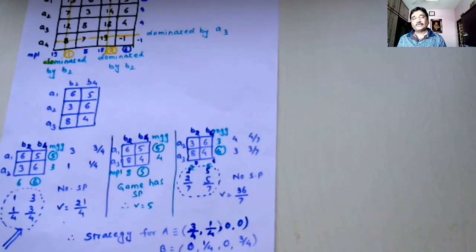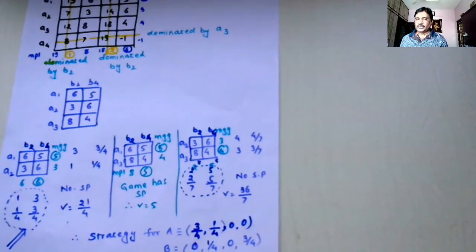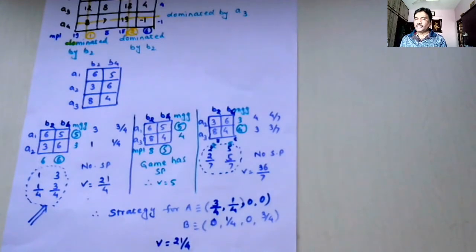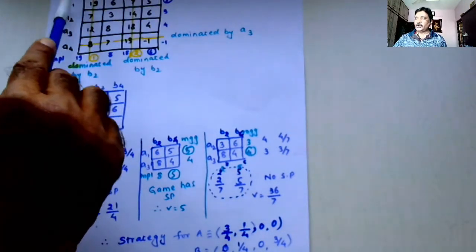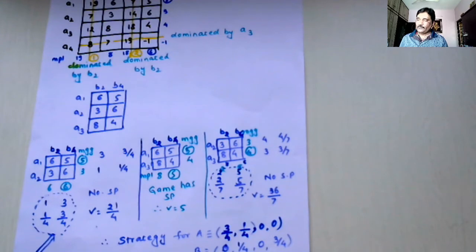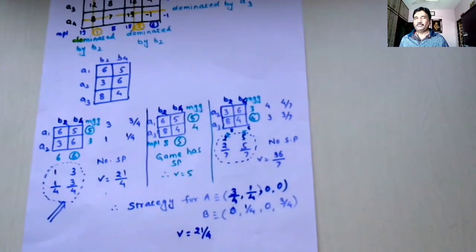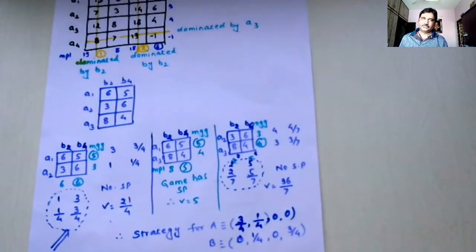You don't have to do it, but just to make you understand the concept of solving the game, it is not more than finding the proportions of courses of action A1, A2, A3, A4, and B1, B2, B3, B4, such that proportion multiplied by the value in each of the relevant rows or columns should come equal. That's solving the game.